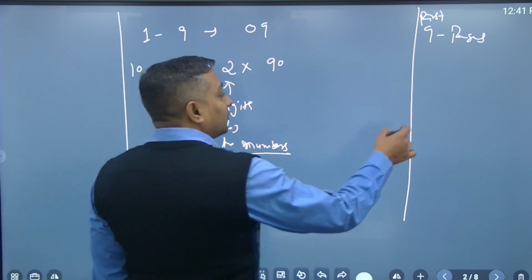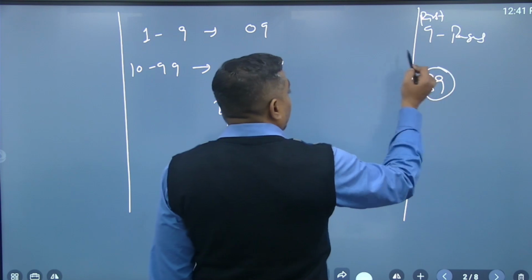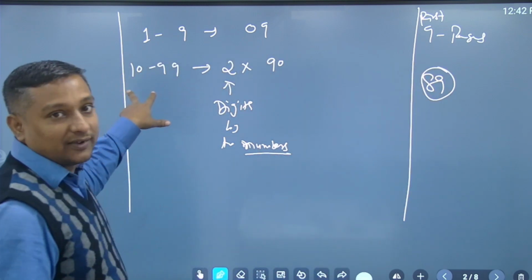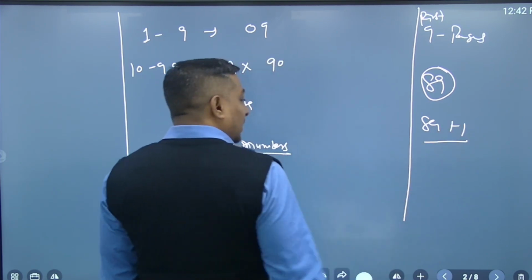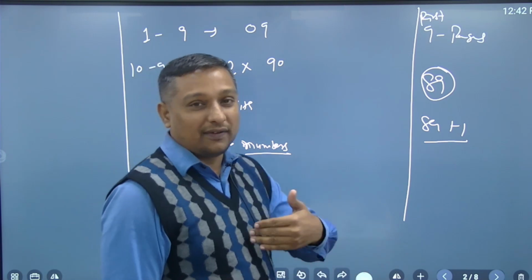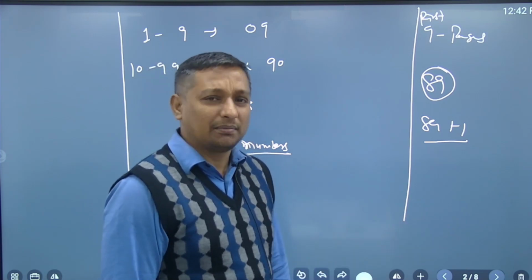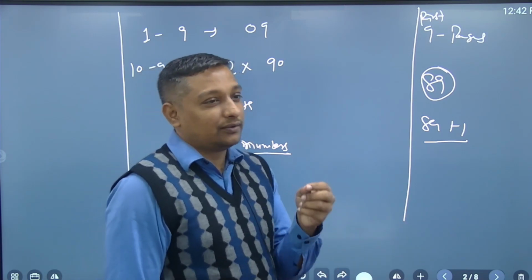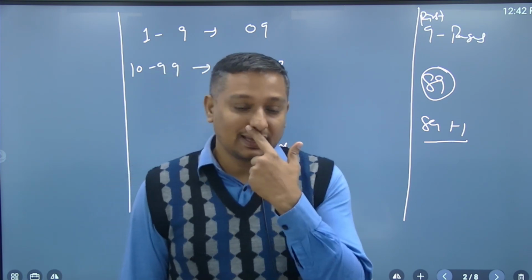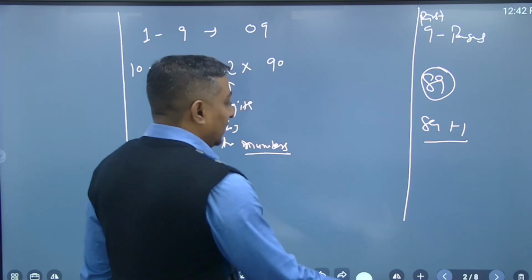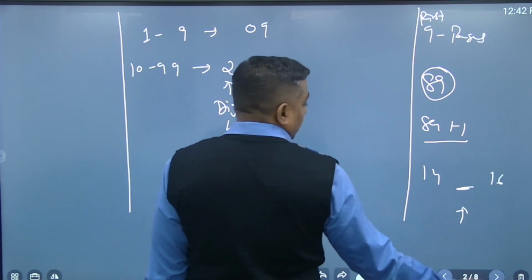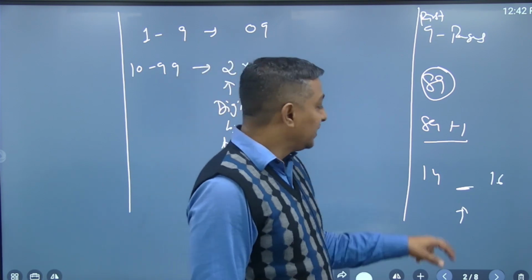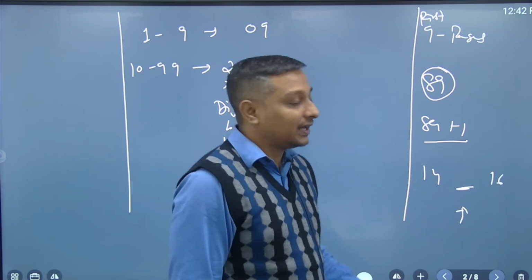Sometimes I find students ask why not 89. When you are including both the extreme values, you have to subtract and then add 1. Why is it so? In some other video when I talk about entire papers, we will see. But to make you understand more easily, there can be room for a single person between seat number 14 and 16, that is 15.